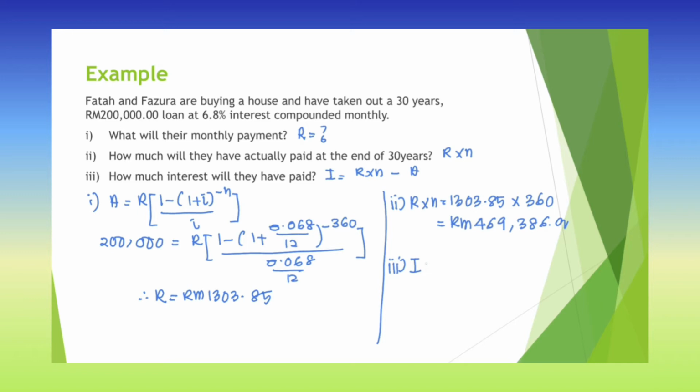Interest equal to R times N minus A. So 469,386 minus 200,000. The answer is RM 269,386.